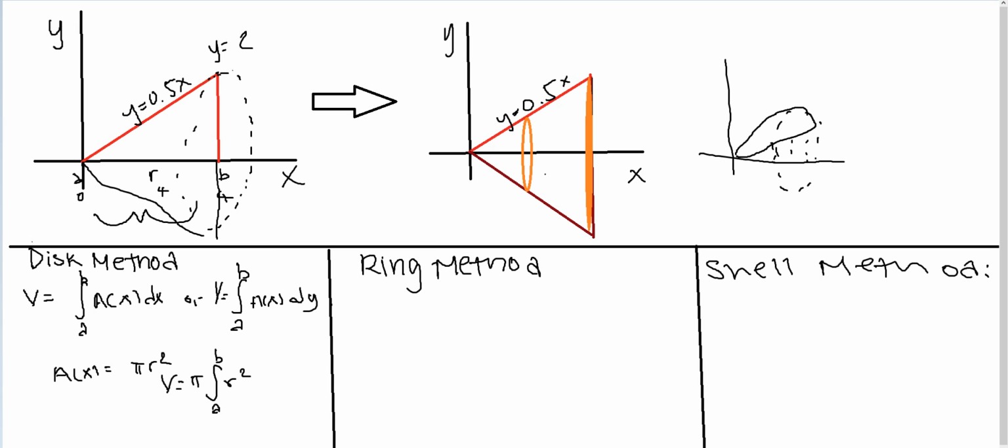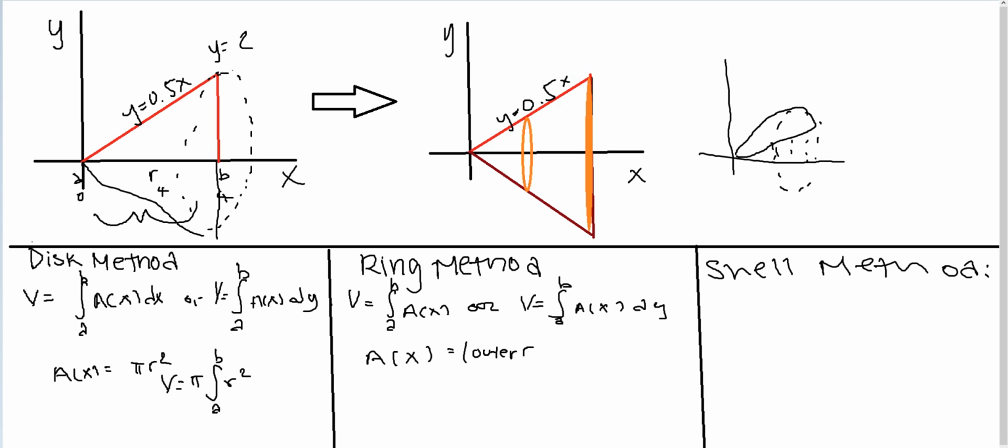Now the ring method is a little bit more confusing because we have to account for a gap. So it's the same thing where V is equal to the integral from a to b of A(x) dx, or V equals the integral from a to b of A(y) dy, except our A(x) in this scenario is equal to pi times the outer radius minus the inner radius, squared.